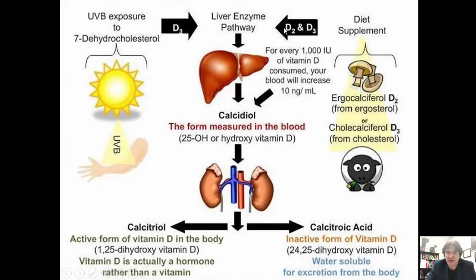It has to go through your liver, and then it's converted into another molecule. It's still not completely activated. Then it has to go through your kidneys. And then once it goes through the kidneys, you will have the activated form of vitamin D called calcitriol. So vitamins sometimes start off in an inactive form and have to be processed by the body first.